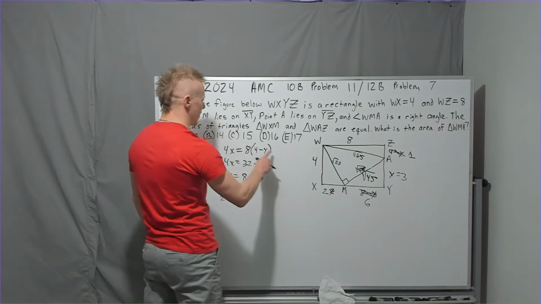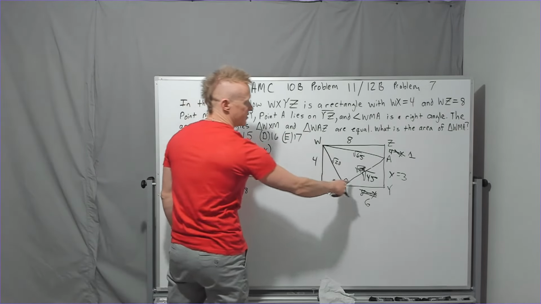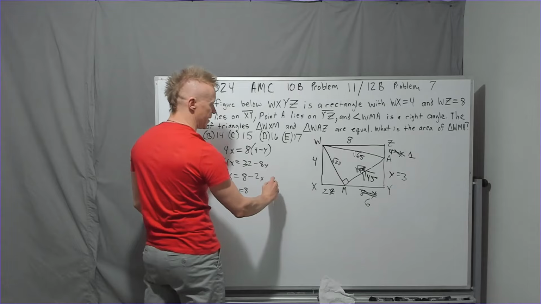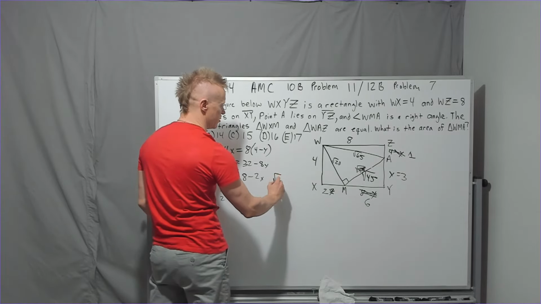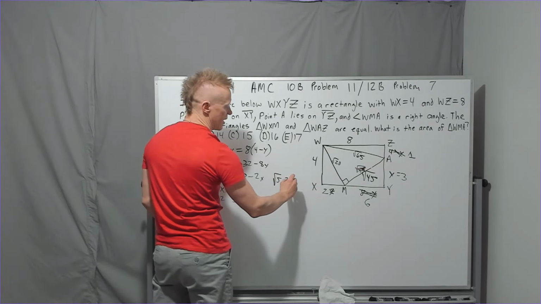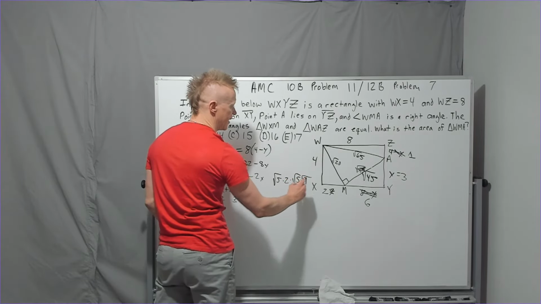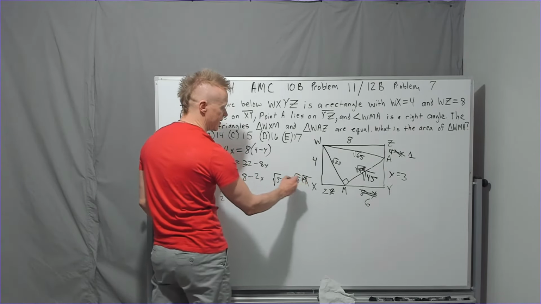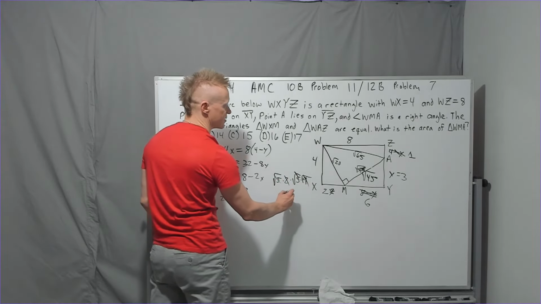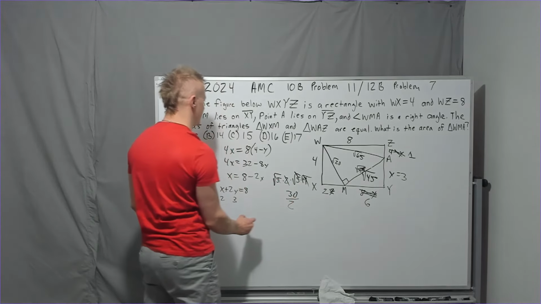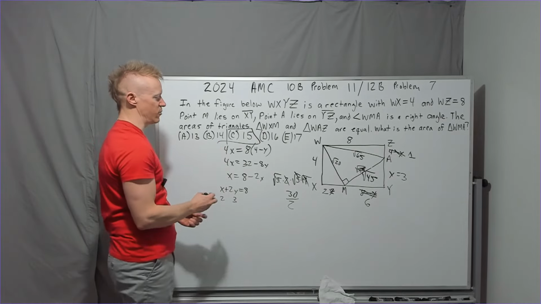So then what now? It wants to know the area of this triangle, which is simply going to be root 20, which is root 5 times 2, times root 5 times 3, root 9, and then that's going to be 3 times 2 is 6 times 5 is 30, and then you'll divide that by 2 to get answer choice C, which is 15.